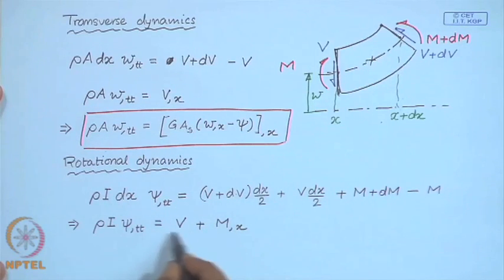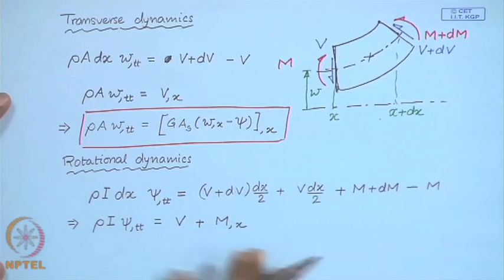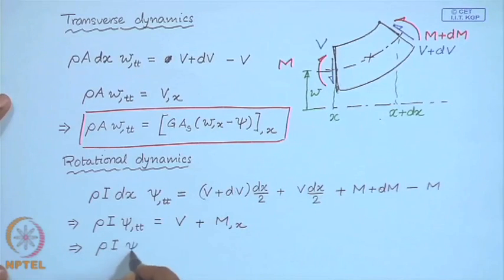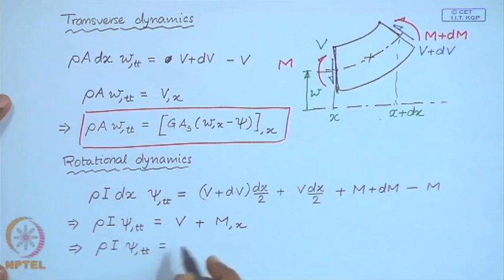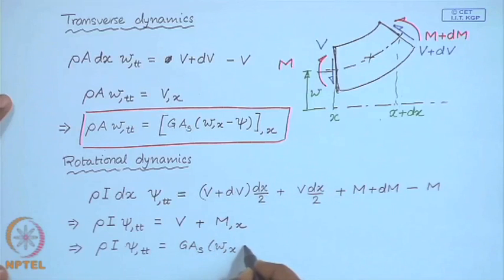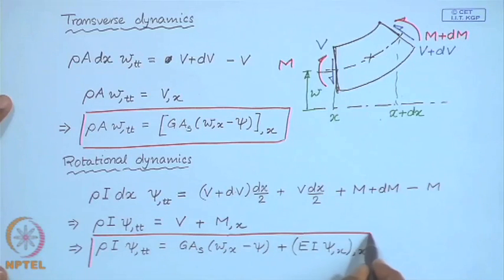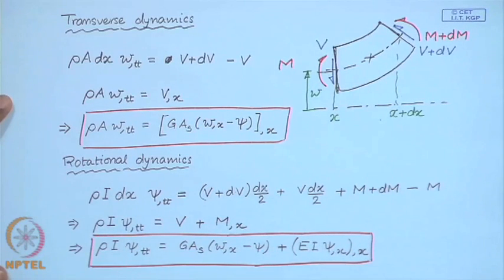Now, once again substituting these expressions of shear force and the bending moment, the bending moment is E times I times del psi del x, and this is what we obtain as the equation of motion of the rotational dynamics.